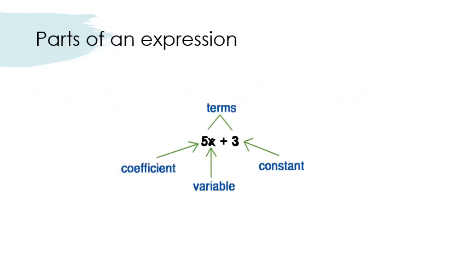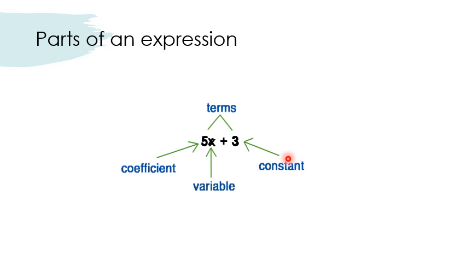What we have here on this slide is 5x plus 3. That is an expression. An expression consists of terms: the 5x is one term, the 3 is another term. When you have a variable represented by a letter in your expression, there's going to be a coefficient, or a number, in front of the variable.